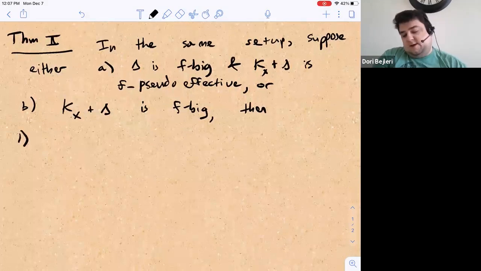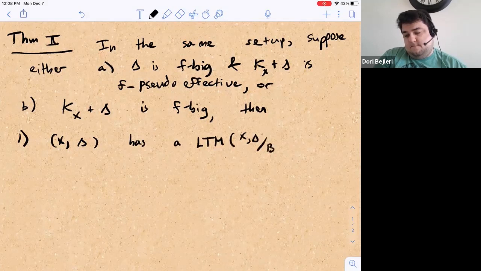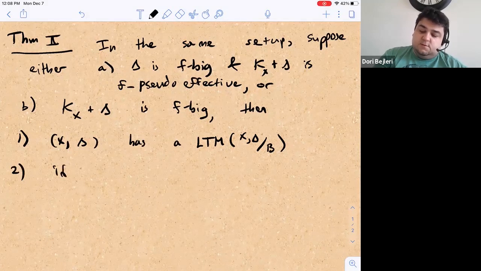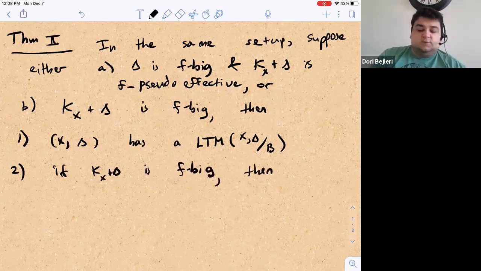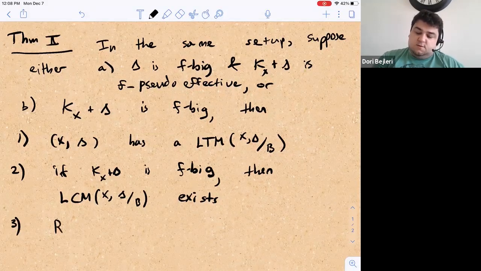One, (X, Δ) has a log terminal model. Two, in the log general type case, then it also has a log canonical model, which we showed earlier, if it exists, it's unique. Three, the log canonical ring is finitely generated.